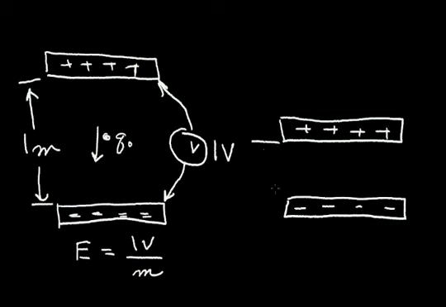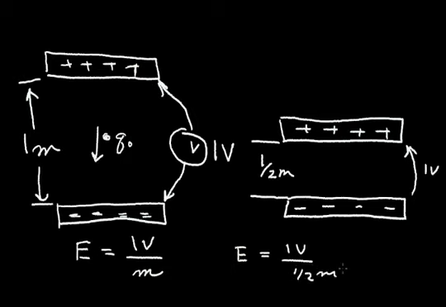So this distance now, let's say, is a half a meter. And my voltage is still 1 volt. In this case, the electric field has increased. It is equal to 1 volt divided by 1/2 of a meter, which is equal to 2 volts per meter.